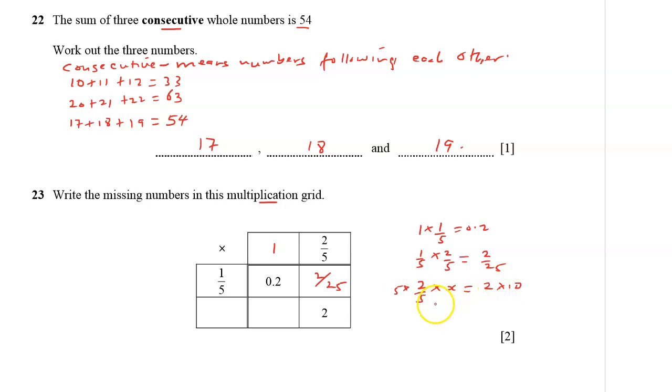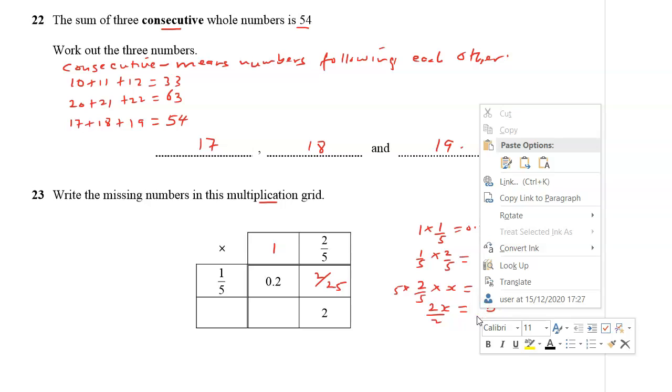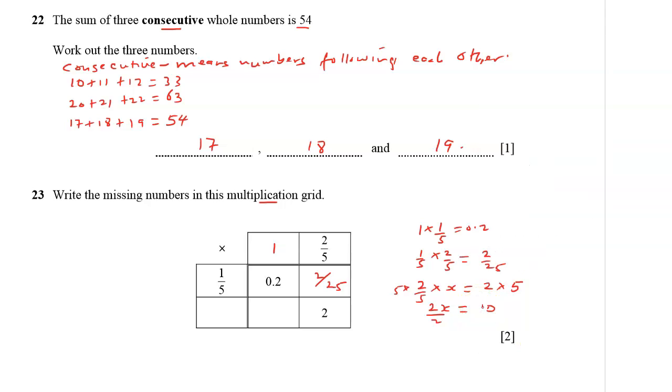So we'll get 2x is equal to 10. So divide both sides by 2. So x is equal to 5.